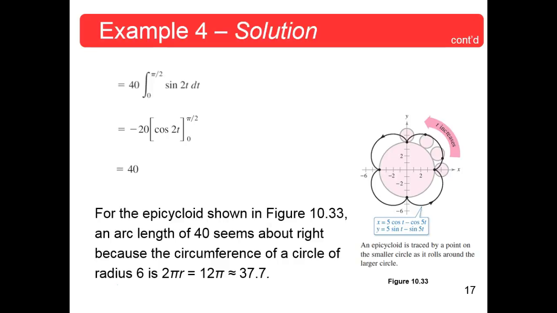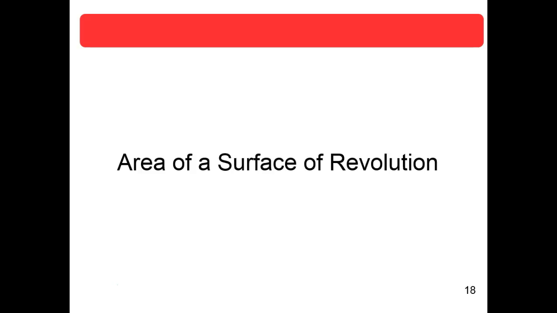If you encircle that with a 6, that would give you 37.7. And the fact that you're only touching that circle a little bit of the time, and you're coming in, whereas the circle is somewhat shorter, you expect that to be a little bit greater. And that looks to be a reasonable answer. It's always helpful if something seems reasonable at the end.